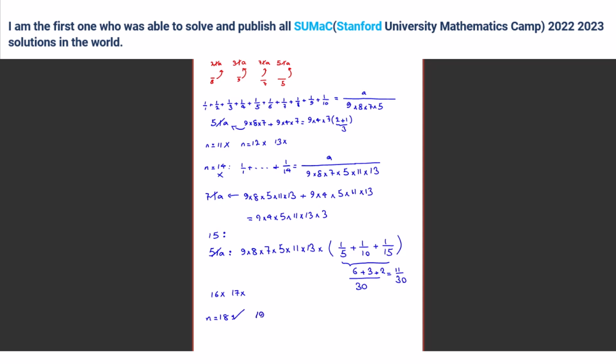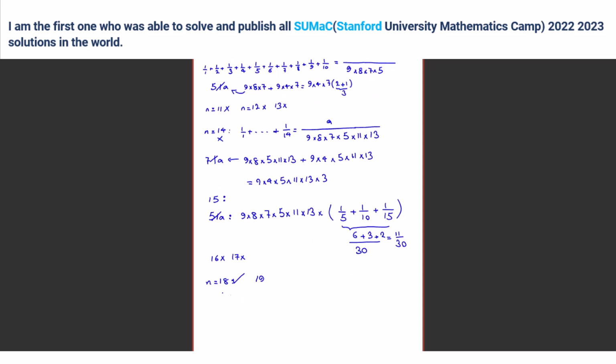19 is good or not? No. Why not? All the primes aren't good. No, but do you agree that 18 is good? Look, the LCM times 1 over 9 plus 1 over 18, right? It would be LCM over 18 times 3, which is a multiple of 3, because LCM is a multiple of 18, right?